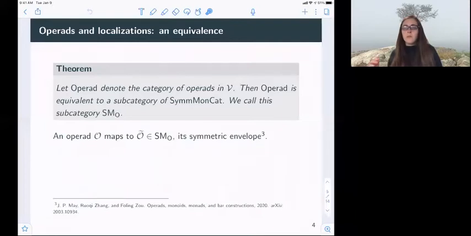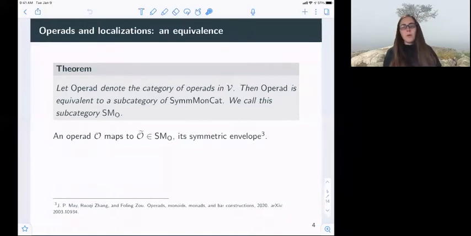So this theorem has kind of existed in the folklore for a while. There are some proofs of it, but those proofs have ignored the functoriality on the morphisms. So I've very carefully written out the details of the equivalence and also defined the subcategory SMO a little bit more strictly so that we really do get an equivalence. And we call the image of an operad O under this equivalence its symmetric envelope.